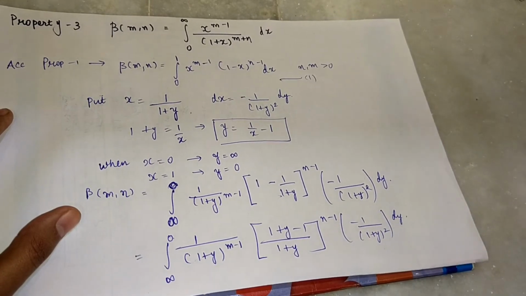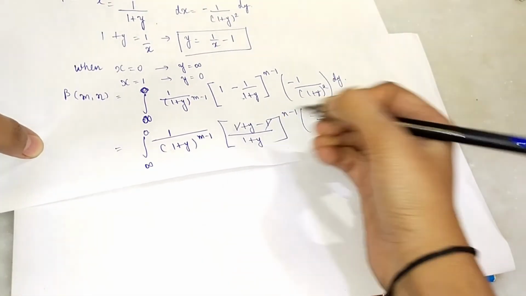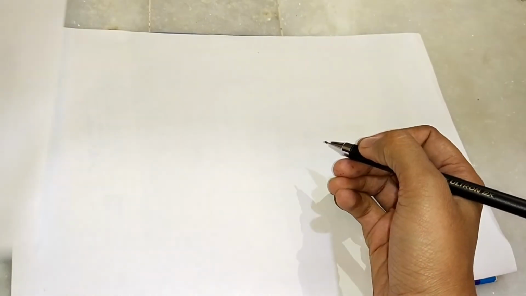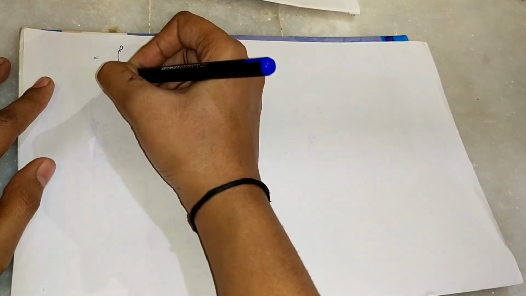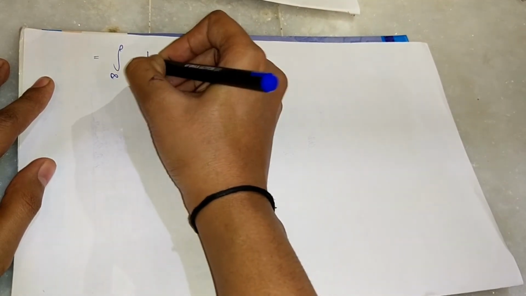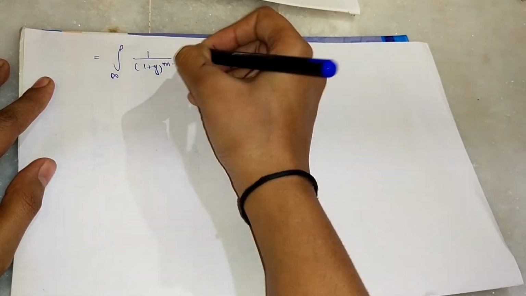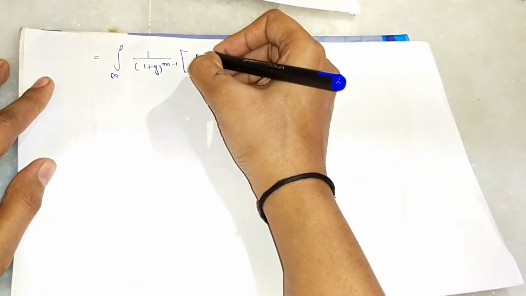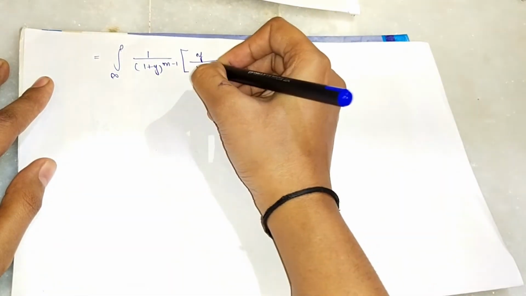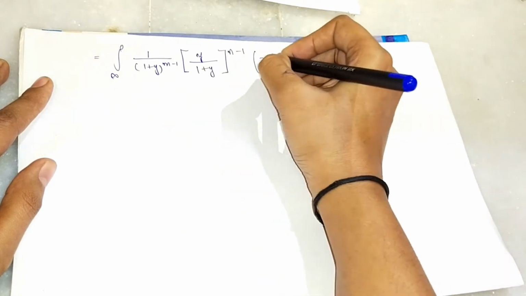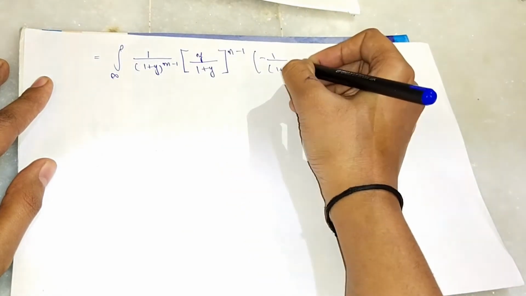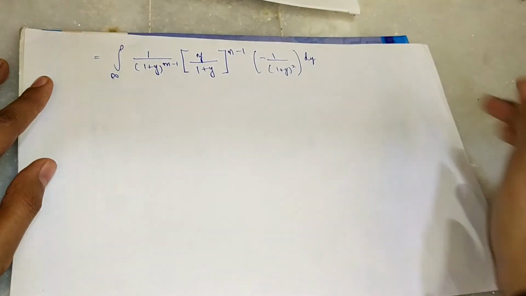Okay, so this 1 and this 1 will get cancelled, so we can rewrite this equation as the integral from 0 to infinity of 1 upon 1 plus y raised to m minus 1, and we get y upon 1 plus y whole raised to n minus 1, and minus 1 upon 1 plus y whole square dy.